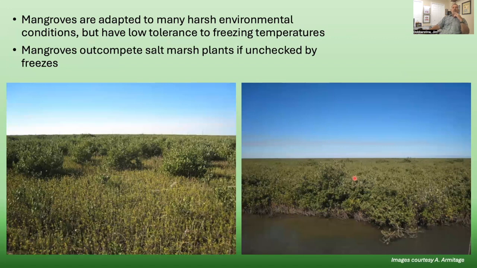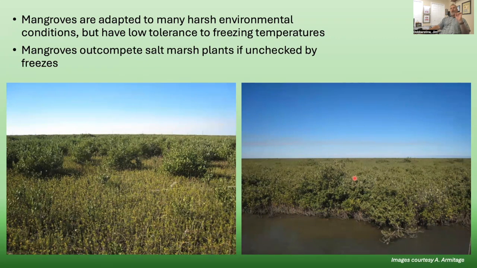Now, mangroves, as I've alluded to, are well adapted to harsh environmental conditions, which are represented in these salt marshes. But one thing they don't tolerate very well are freezes. And so freezing temperatures, even for short periods of time, can have significant impacts on these mangroves.